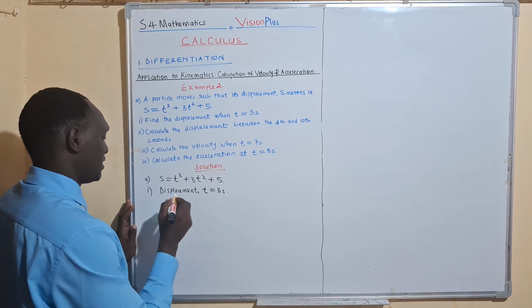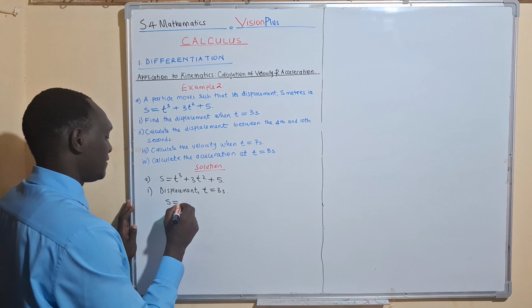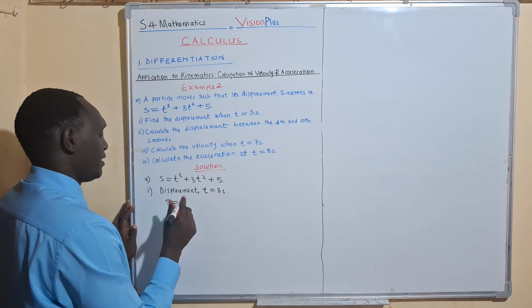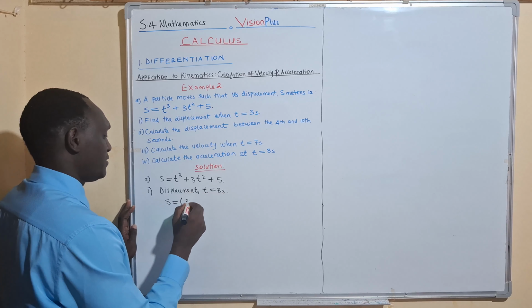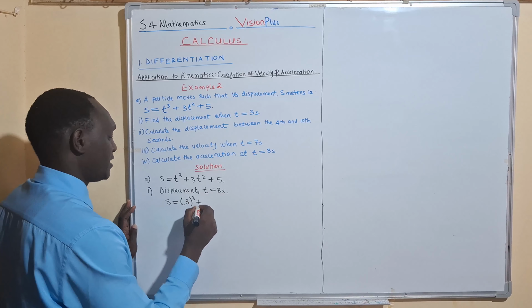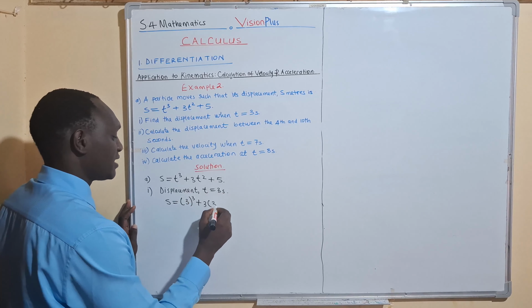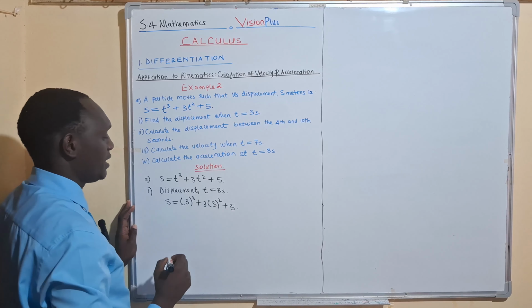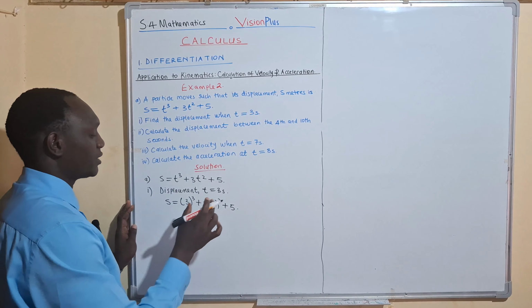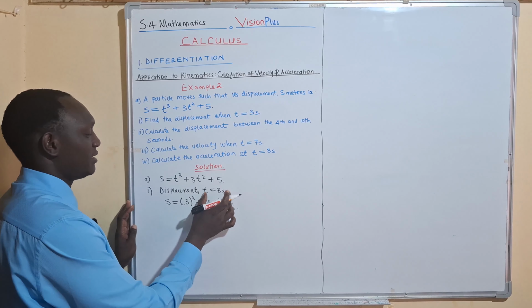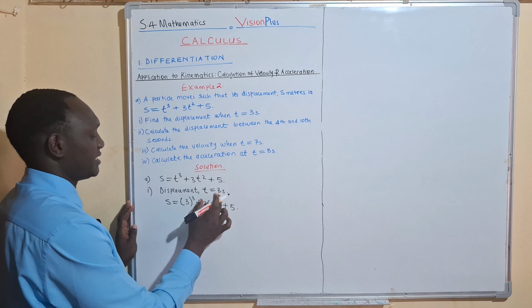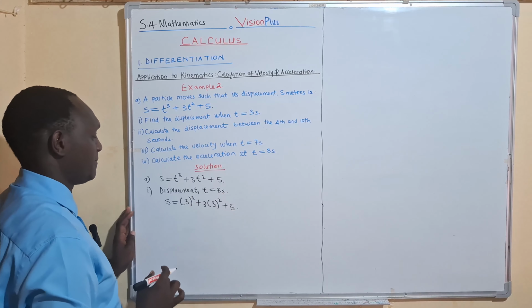Therefore, our displacement s becomes t, and t is now 3 seconds: 3 cubed plus 3, our t is still 3 squared plus 5. Now we want to get how far the particle has moved after 3 seconds from the beginning.